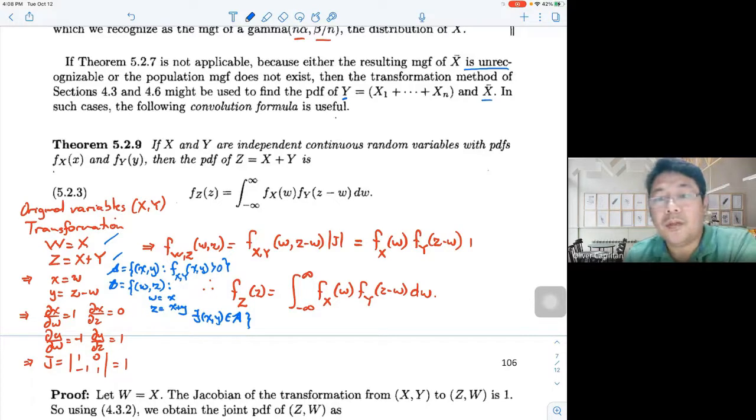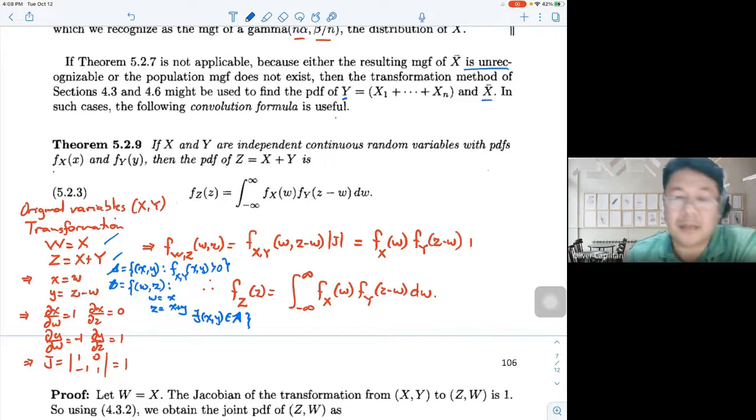So, this implies that we have a one-to-one transformation from script A onto script B. Okay, so in other words, for each WZ in script B, there is only one XY in script A that satisfies our transformation. So kung ganun yung mangyari, hindi na natin kailangan i-partition yung ating script A.